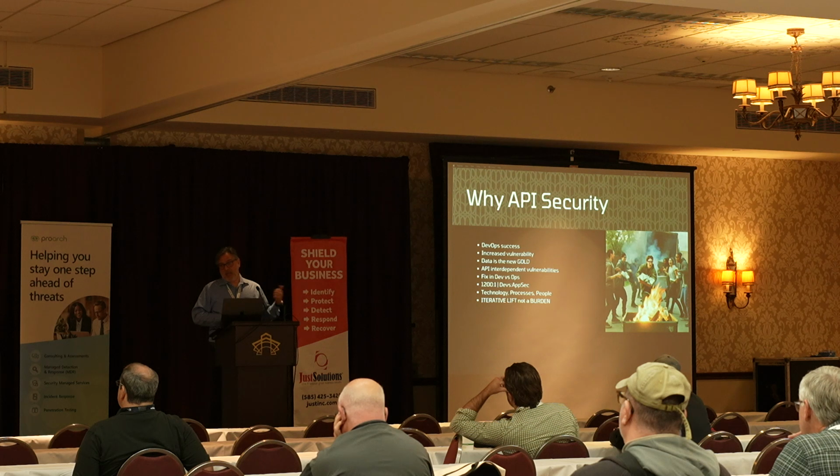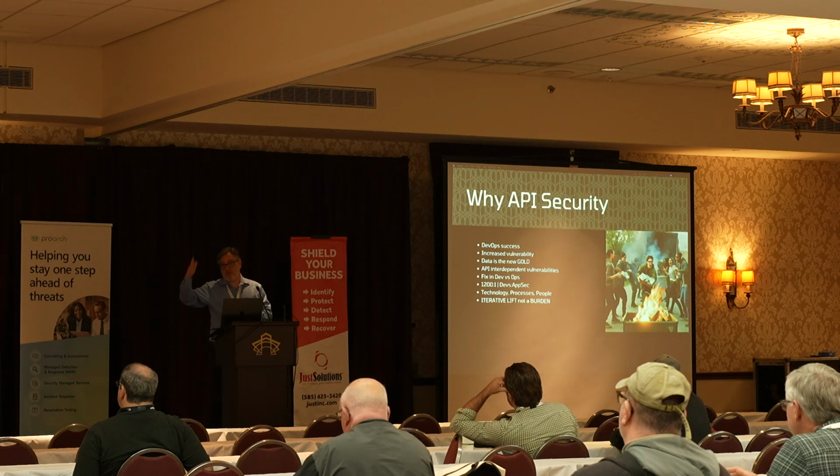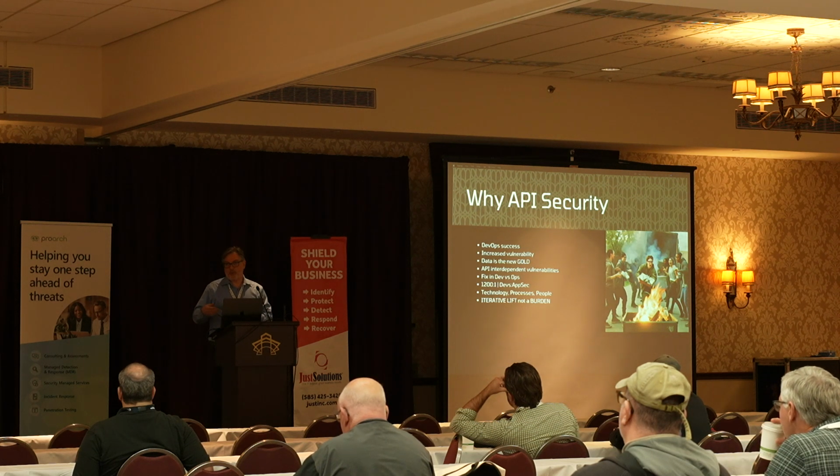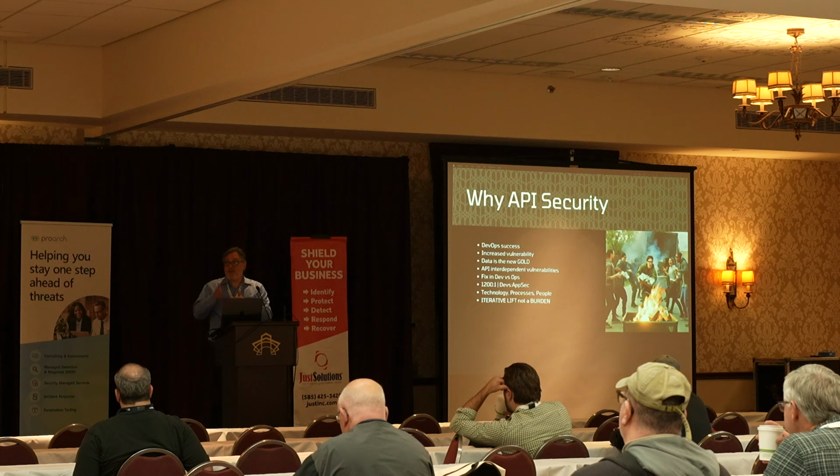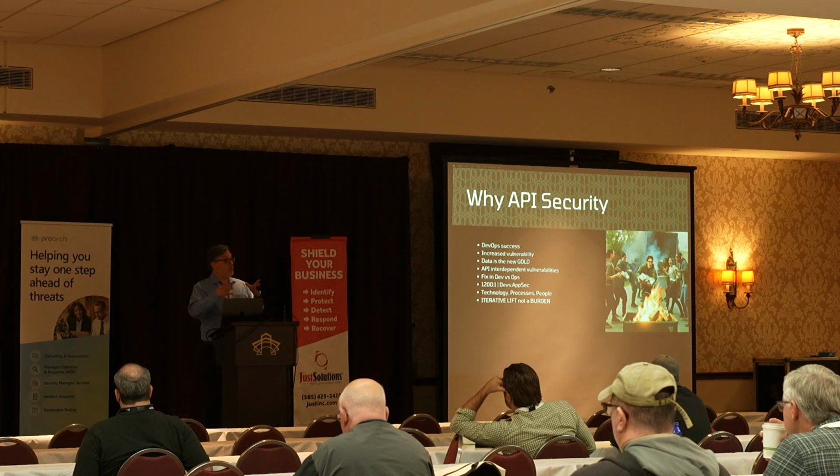Your marketing department saying, hey, we need to get this feature out by the end of quarter because that's what we promised our customers. We're counting on revenue for it, for this, that, and the other. And the developers are accomplishing that. And they're doing it in a repeatable way, which is what the DevOps success has been. But that speed to market has had an inverse relationship with the quality of the security capability that gets deployed. So you have this kind of exploding increase in vulnerabilities as well.